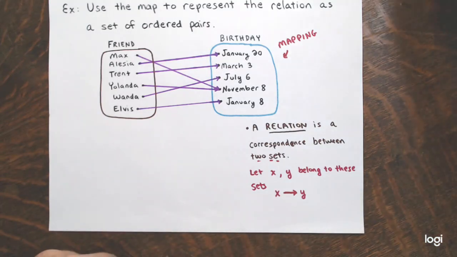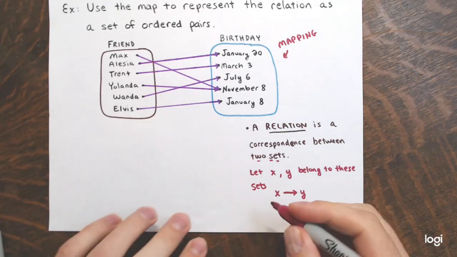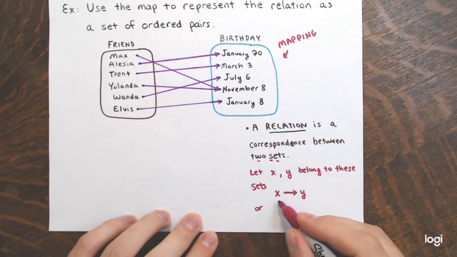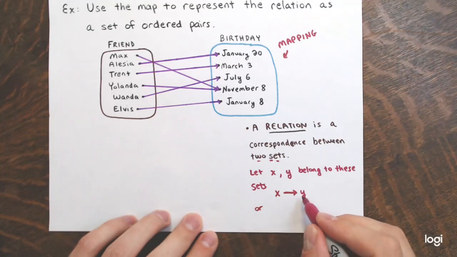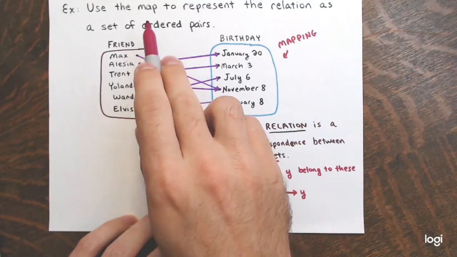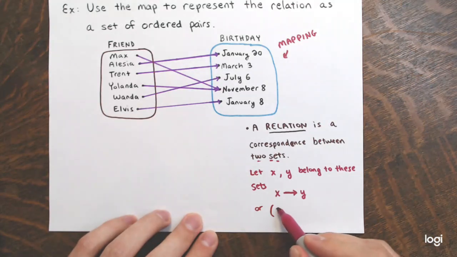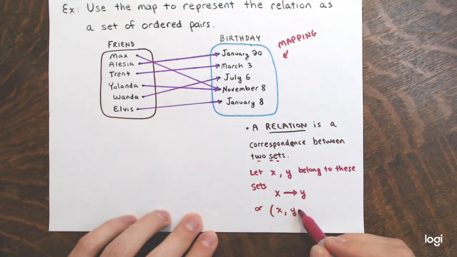Yeah, so if I wrote this out, x arrow y, another way to indicate that an element from one set corresponds to an element in the other set is to write it as an ordered pair, which is what I'm asked to do in this example. So you write it as a set of ordered pairs. So x comma y in parentheses like this. These mean the same thing.